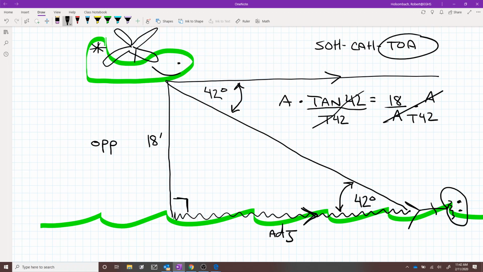The tan 42's will cancel. And your adjacent side is equal to 20. So your horizontal distance from the rescuers to the person that needs help is 20 feet.